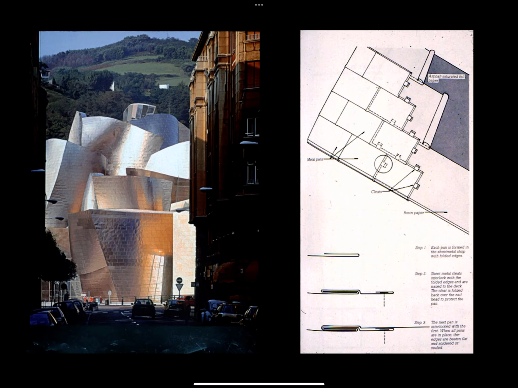Gehry's building in Bilbao for the Guggenheim Museum also uses a flat seam metal cladding system.